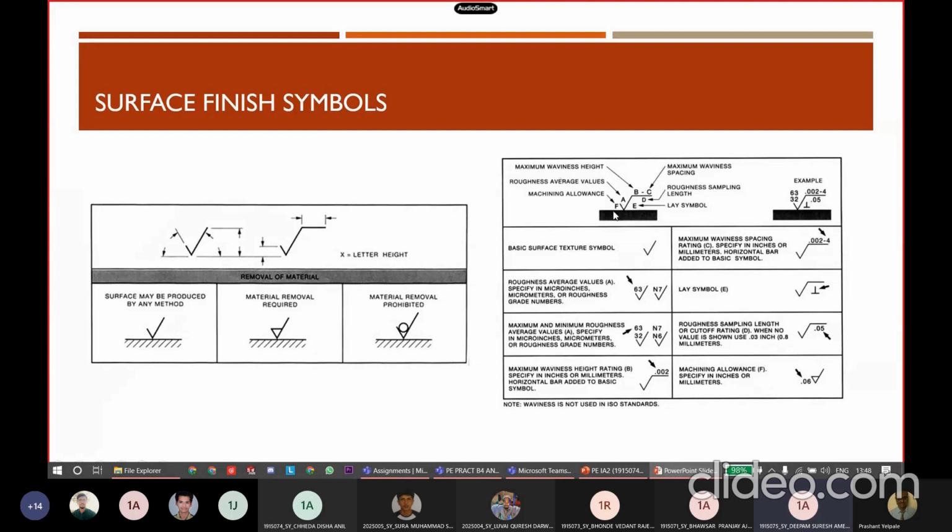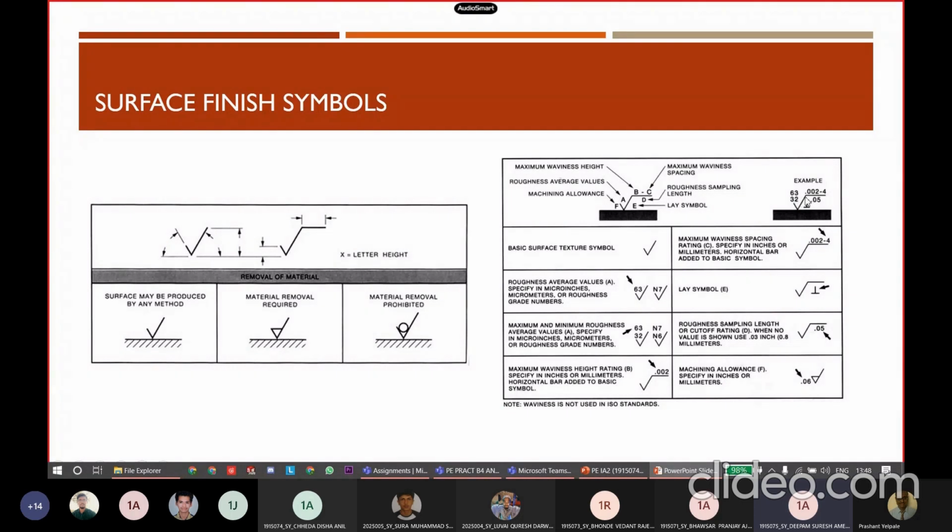Along with that, a number of values are used around this symbol to exactly show what the roughness of the surface is and what values are used in the machining process. If I look at the example here, the two values above the leftmost line show the maximum and the minimum roughness average values, the RA values.